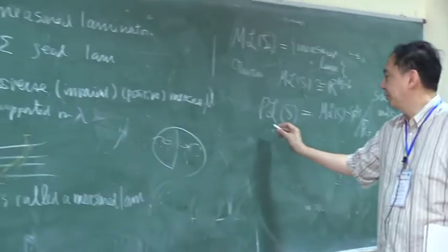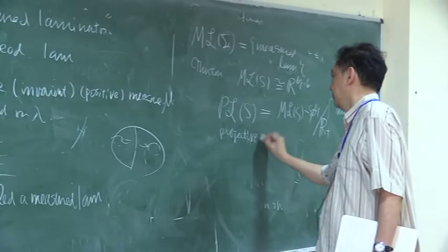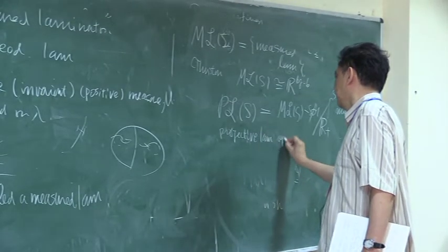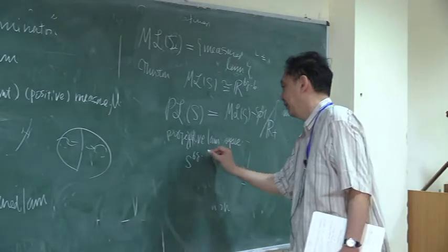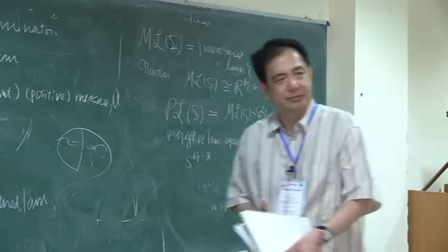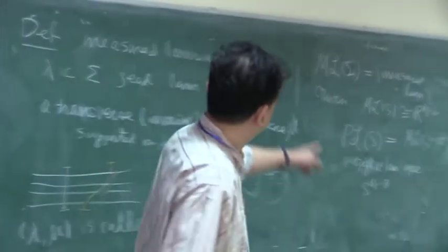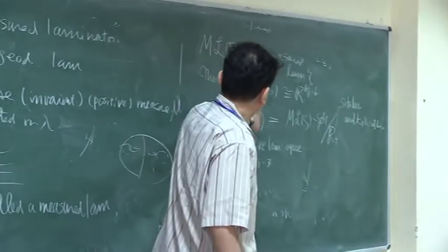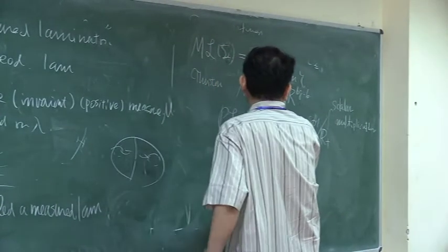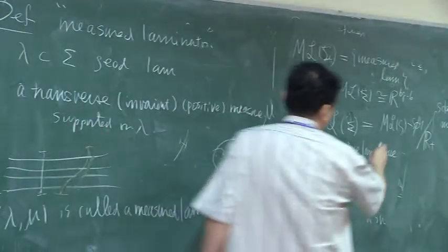Then you get something called the projective lamination space, and this should be homeomorphic to the sphere of dimension 6G minus 7. Here is sigma, a hyperbolic surface.